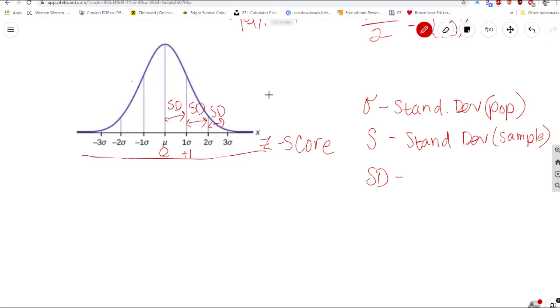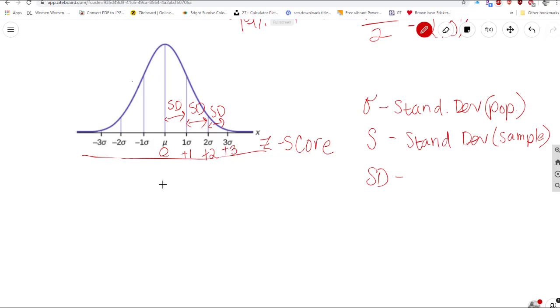That would signify that it's a very rare occurrence, because as something becomes much greater than the mean or much lower than the mean, then it's not where most of the values are expected to exist. So here I'm at 1 standard deviation above the mean, so this anchor Z-score would be positive 1. 2 standard deviations above the mean, this anchor Z-score would be positive 2. 3 standard deviations above the mean, this anchor Z-score would be positive 3.